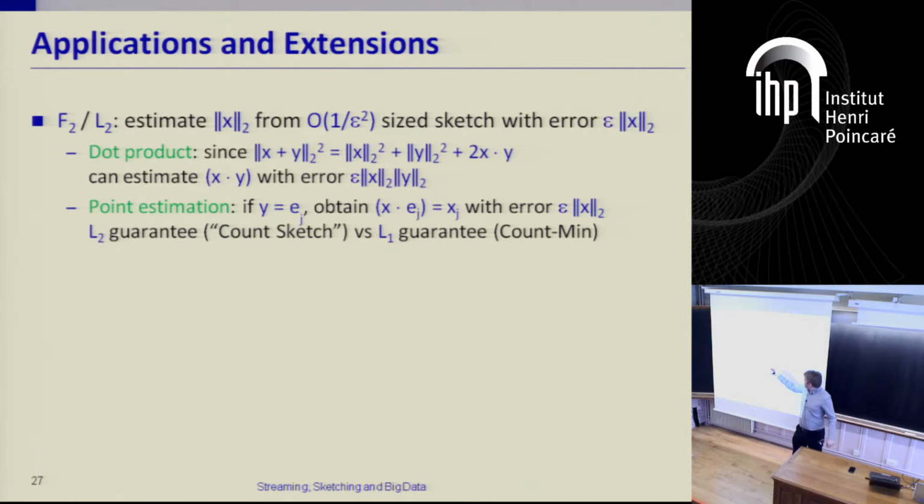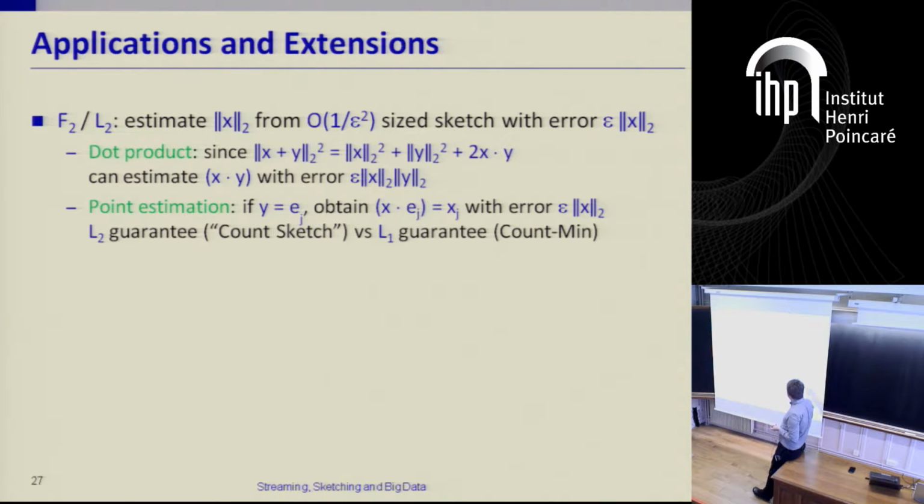And I can use this dot product approach to estimate the inner product of the data vector x with something that's an indicator at a particular location. The correct answer is the value that I want, and the error looks like epsilon times the 2 norm, the Euclidean norm of the data vector. So this lets you actually contrast.